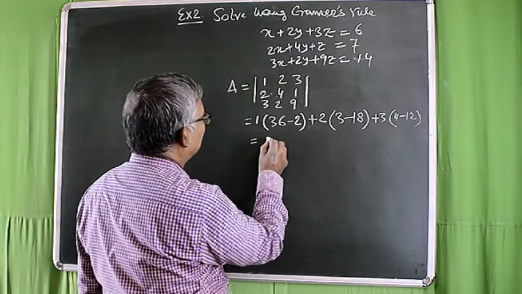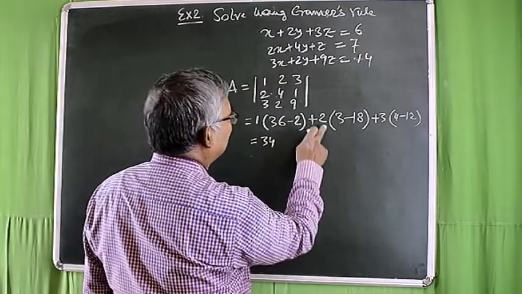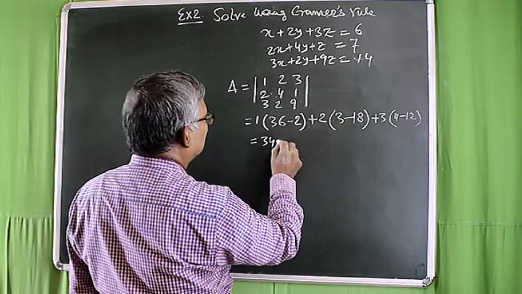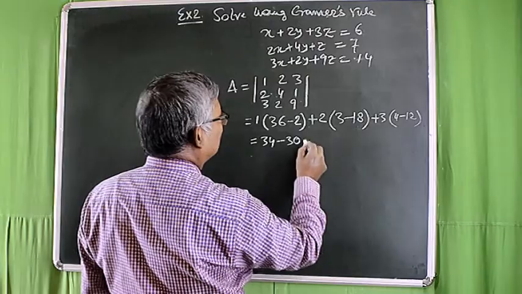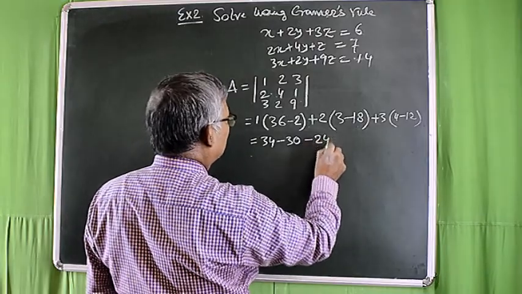This equals 34. 2 into minus 15, minus 30. Here minus 8 into 3, minus 24, that is minus 20.